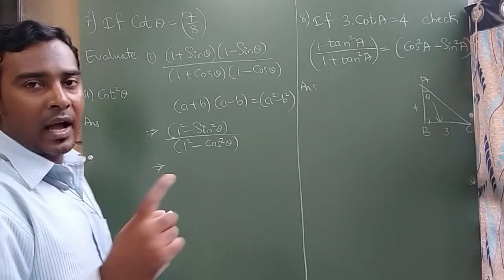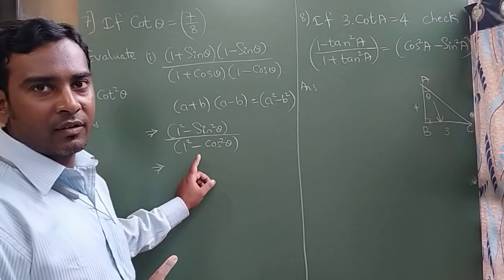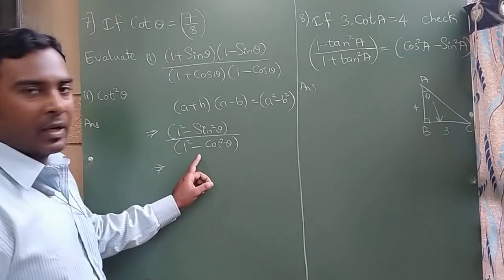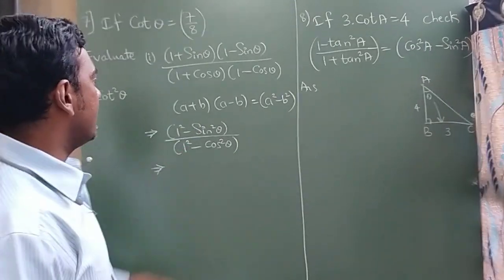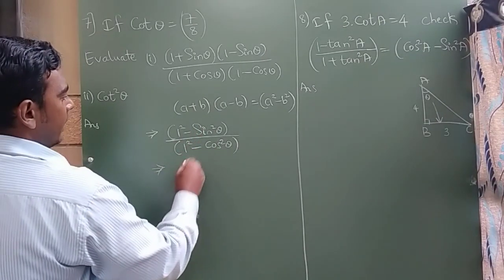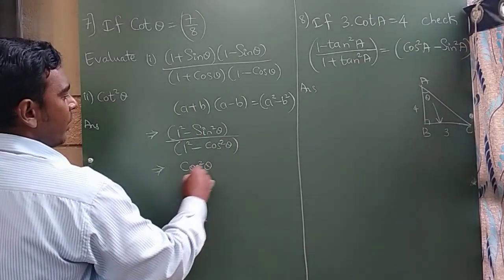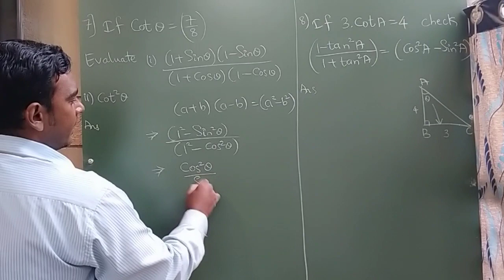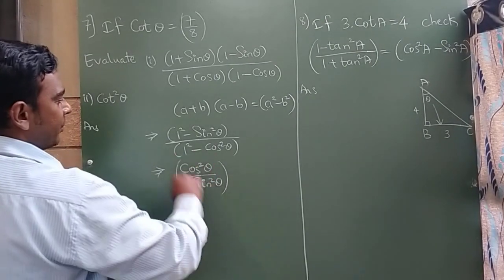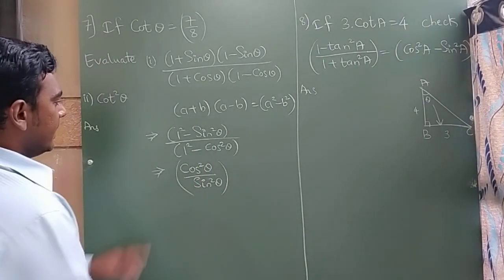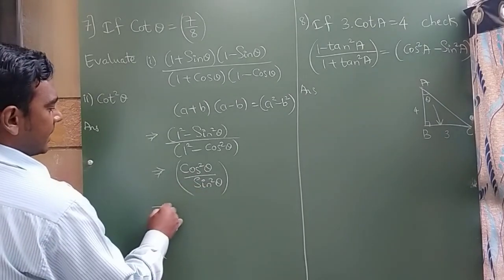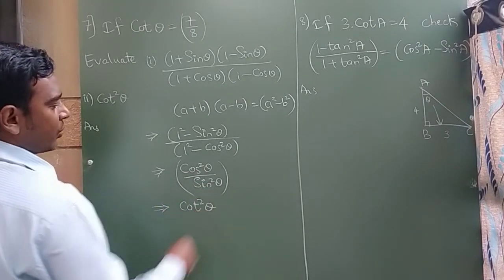I have taught this in the concepts. So concept number 5, you can go to concept number 5 and check. So 1 minus sin square is cos square theta. 1 minus cos square is sin square theta. So this is cos square theta upon sin square theta, which is nothing but cot square theta.